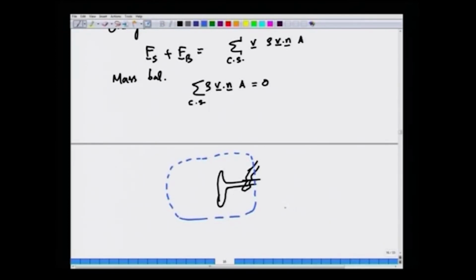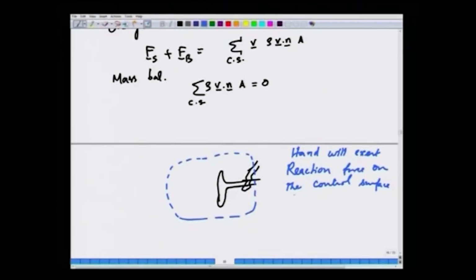Since the CV cuts across your hand, the hand will have to exert a reaction force on the control surface, in order to keep the solid surface from moving. Your hand is of course trying to resist it by exerting a force. And how is that force felt by the CV? It is felt via the control surface, because the control surface is cutting across your hand. Let us call that reaction force R with components R x and R y.